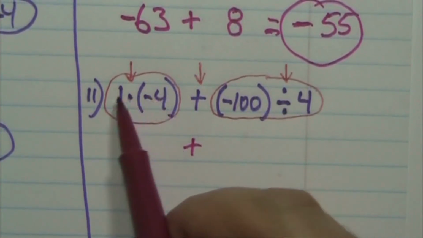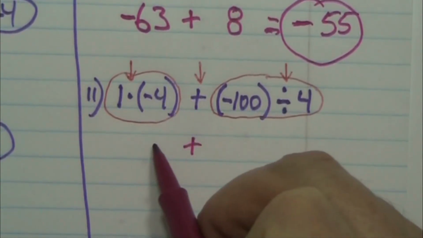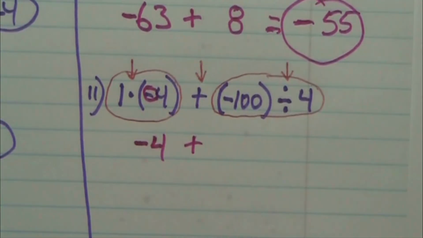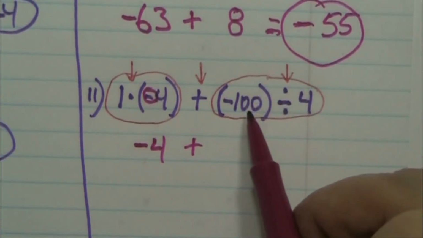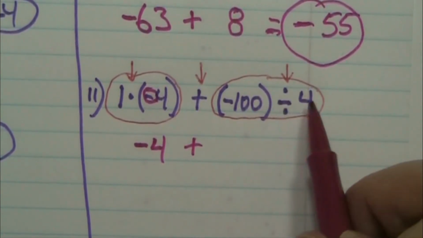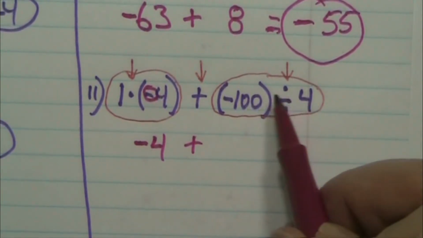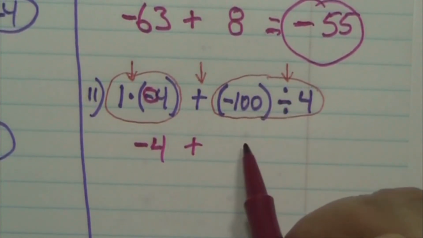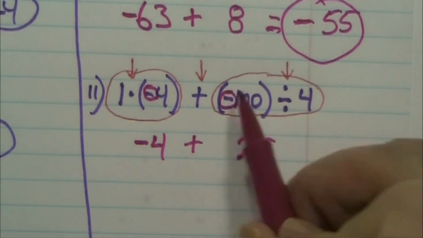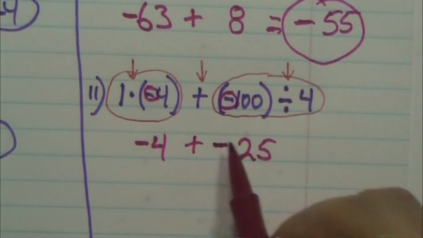So 4 times 1 is 4. And you see there's one negative. And over here, we have 100. 4 goes into 100. 100 divided by 4 is 25. And there is one negative. So the answer is negative.